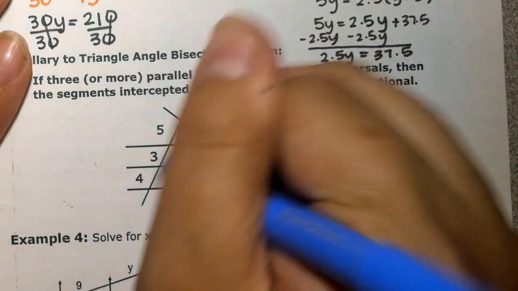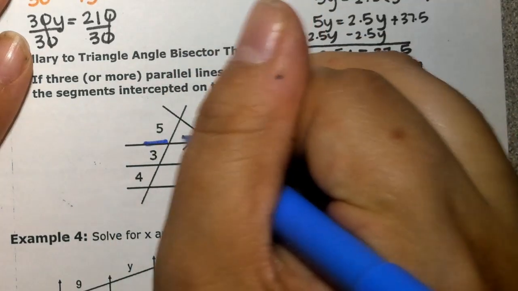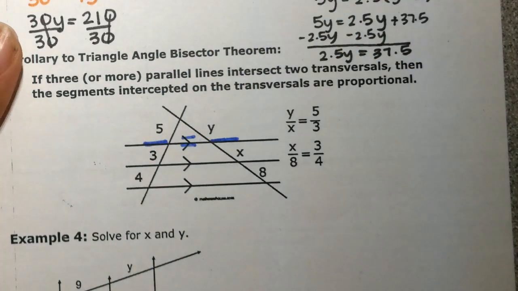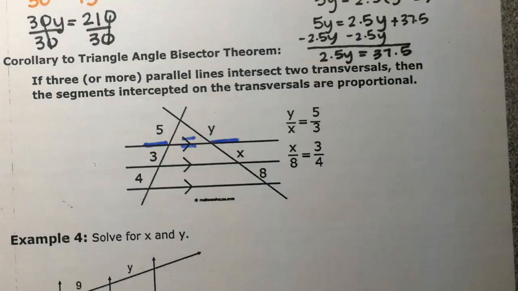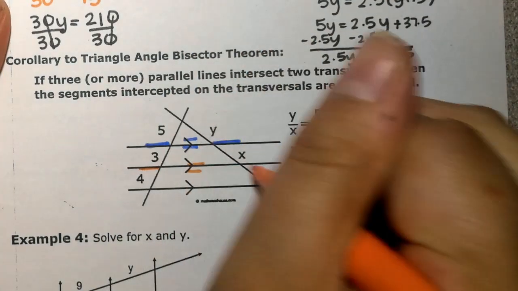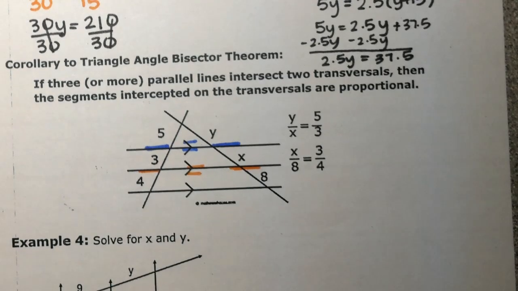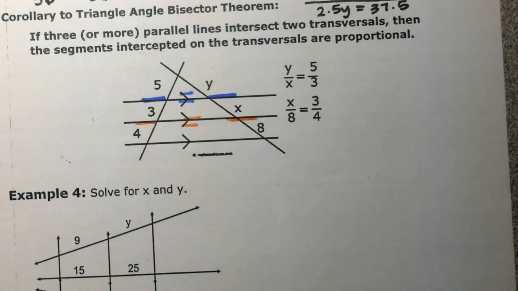If this is cut by parallel lines, then 5 over 3 is proportional to y over x, as well as 3 over 4 is proportional to x over 8. So parallel lines also create proportional sides. So look at your example 4.